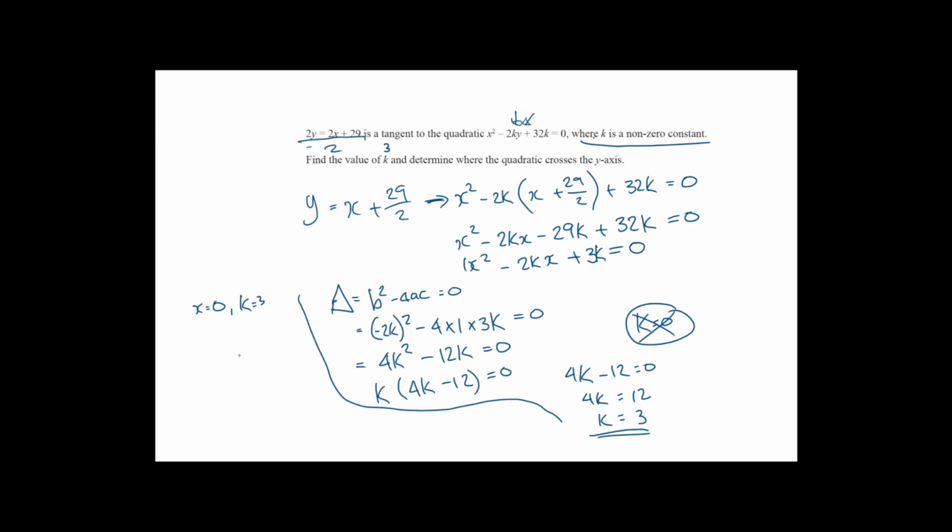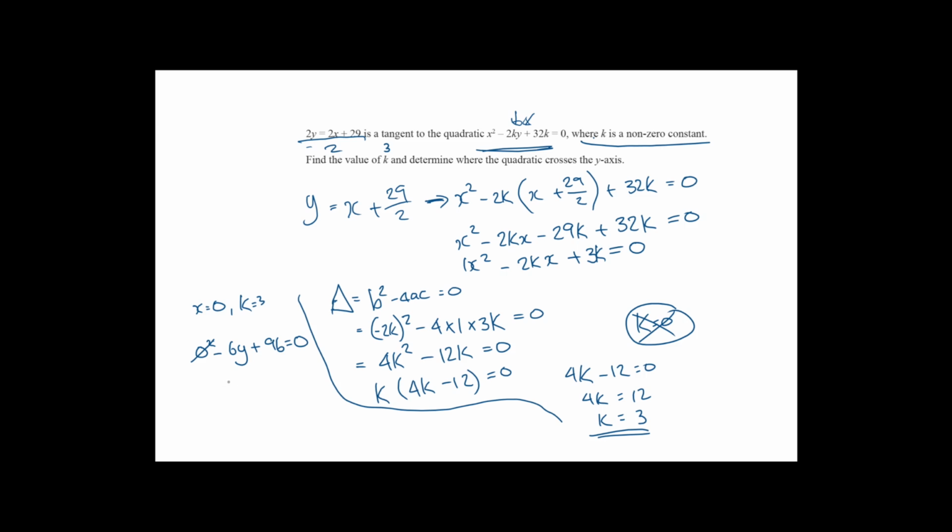And we want to solve for y. So 0 squared, which is 0, minus 2k, which is 6y, plus 32 times 3 is 96 equals 0 from up here.